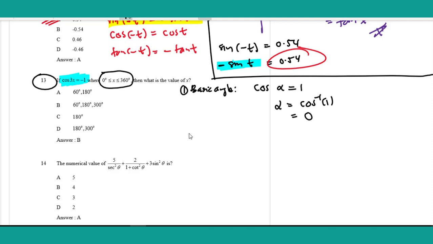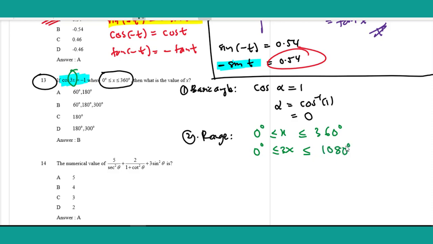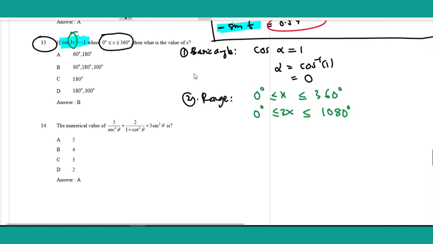Okay, the second step is to find the range. The given range is x lies between 0 degrees and 360. Now check, this is 3x, so we need to multiply by 3, which gives 1080. Or do the simple plane.